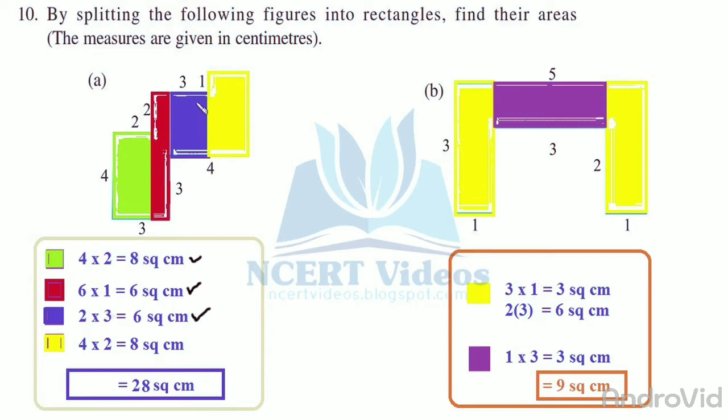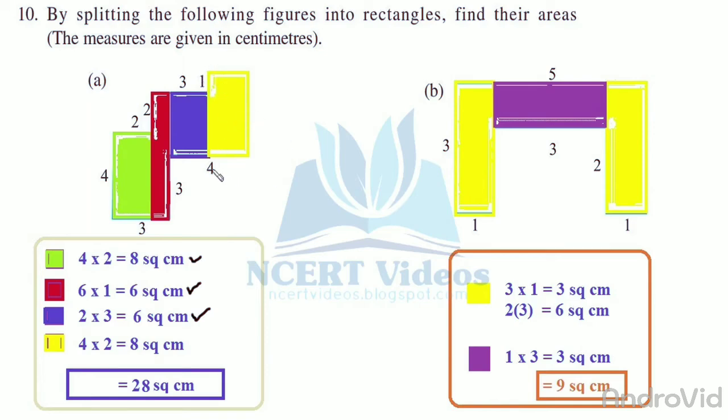Now the yellow part, 4 into 2. This total was 6. 6 minus 2 is 4. And 2 is simple. You just have to subtract 4 minus 2 to get 2.